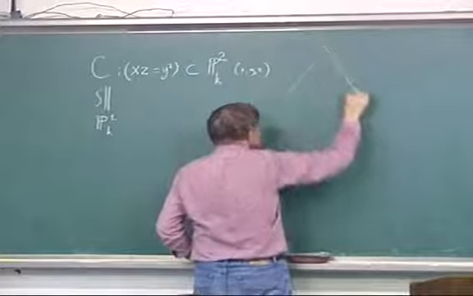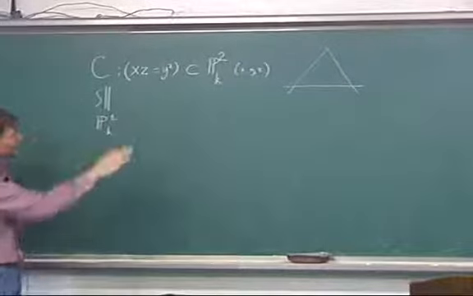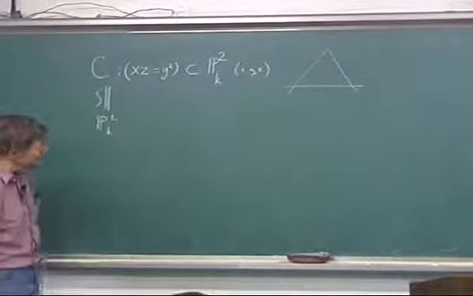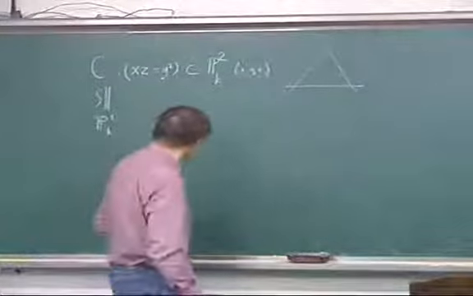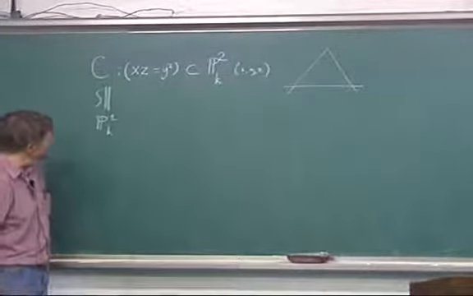So remember, this is my picture of the plane with its three coordinate axes, x equals 0, y equals 0, z equals 0. So this guy is, presumably, simpler.